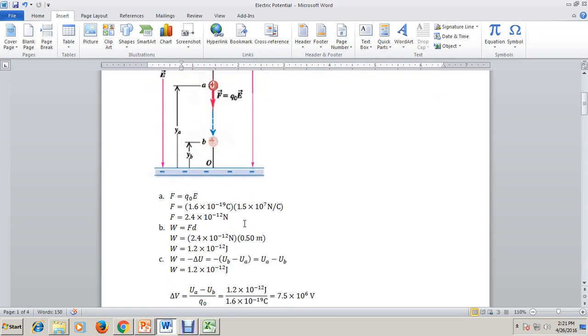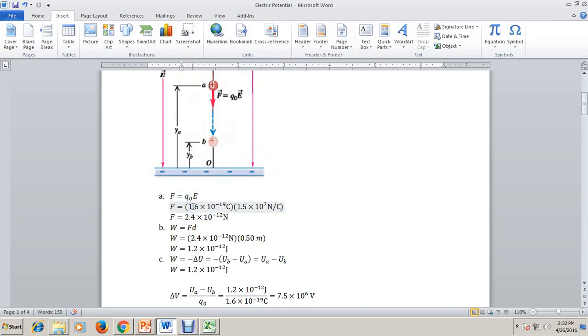Okay, so letter A is a simple direct substitution problem, so we just substitute directly the given values. We have the charge of the proton, Q sub 0. Remember the basic elementary charge is the charge of the electron, and the charge of the proton is the same: positive 1.6 times 10 to the negative 19 coulombs for proton, negative 1.6 times 10 to the negative 19 coulombs for electron.